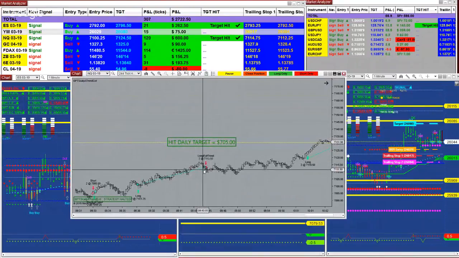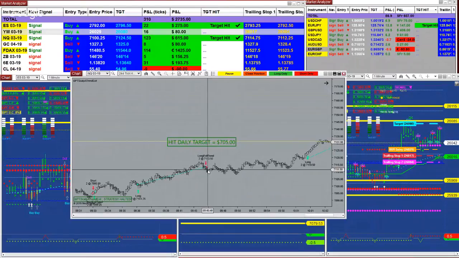I don't have the news filter on it. The news filter lets you tell the auto trade to stop trading before the news, 5 minutes, 10 minutes, 15 minutes. But I don't have it on because this is swing trading. I need to catch the trend. I don't need the news filter.